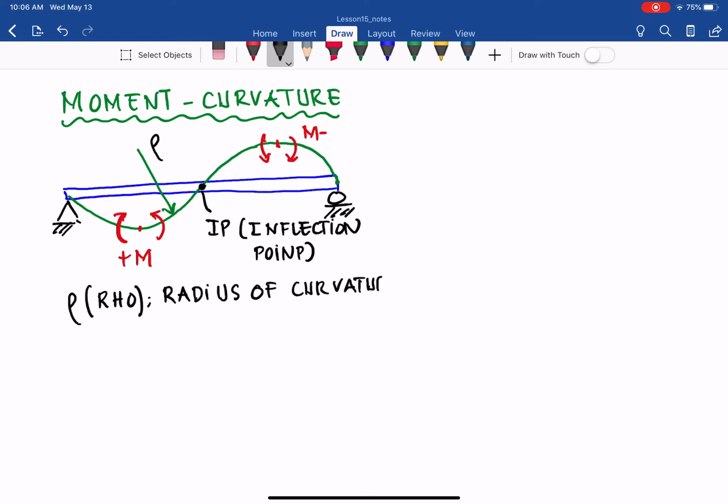This is nothing new to us. When we learned particle kinematics, we already defined that one. The distance from the center of the curvature to the neutral surface of the beam.